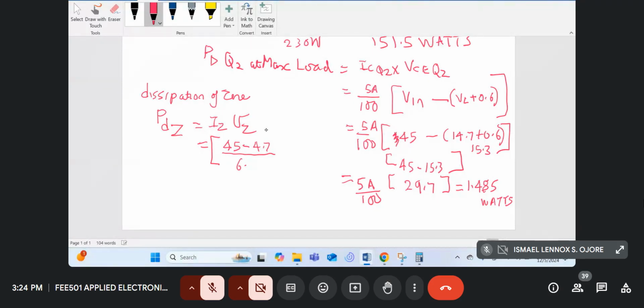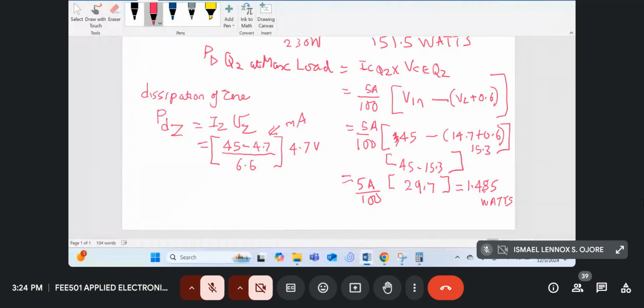Oh, is it 6.6? You guys have good eyes. So it's 6.6K times VZ, which is 4.7 volts. The units here are milliamps because I'm using 6.6K.